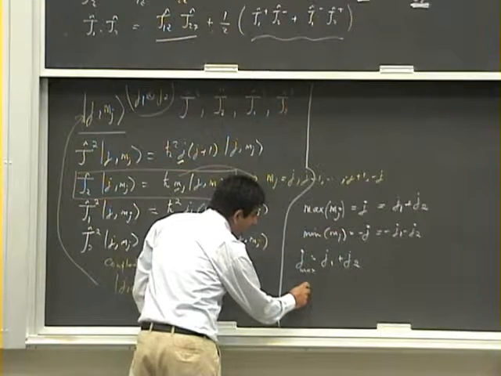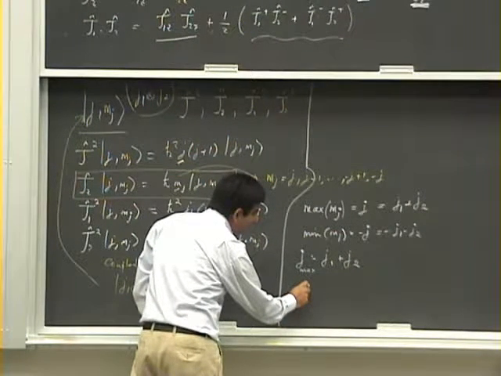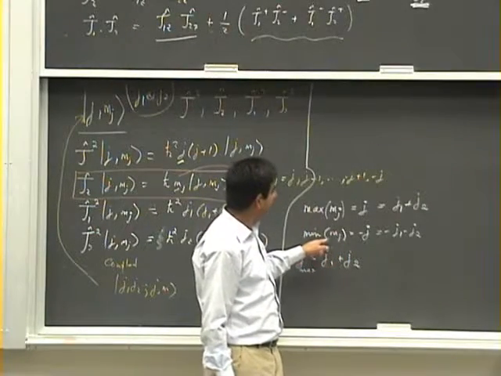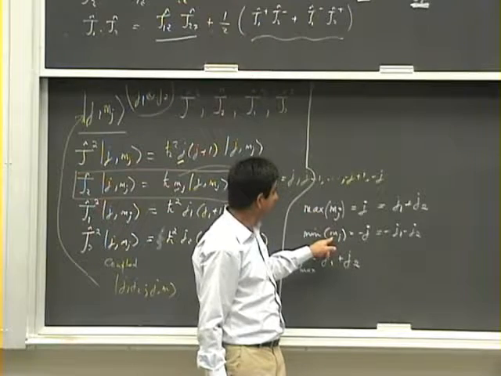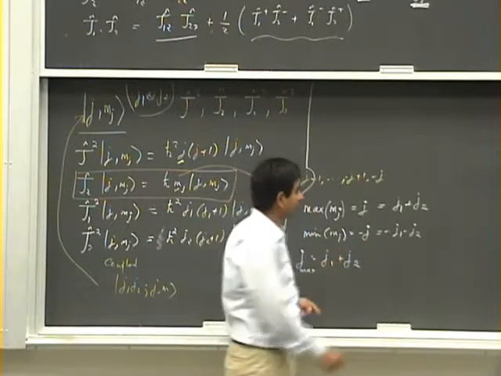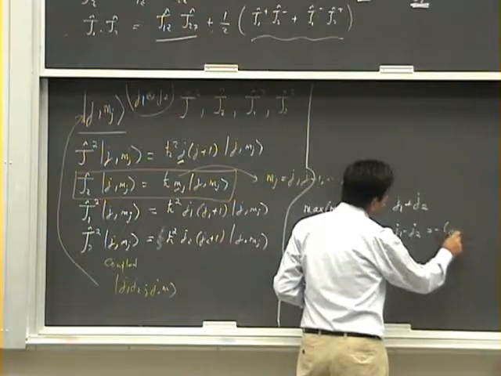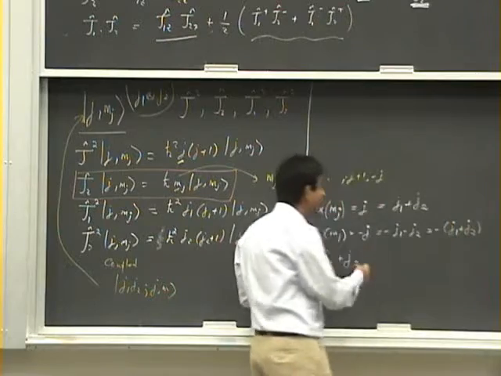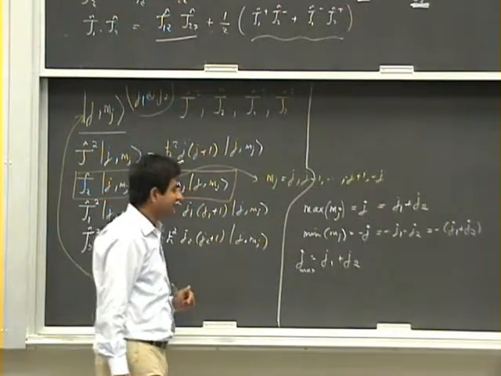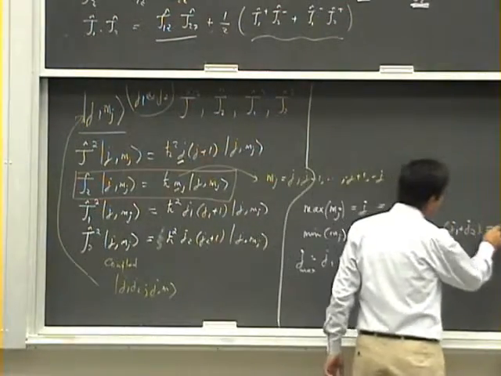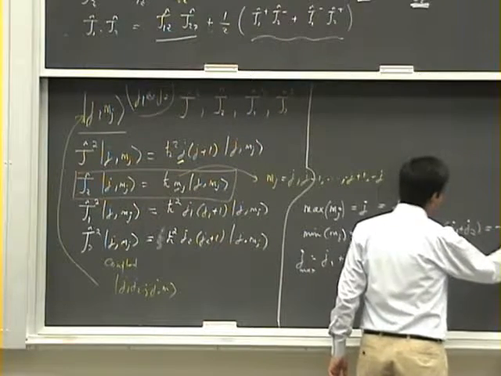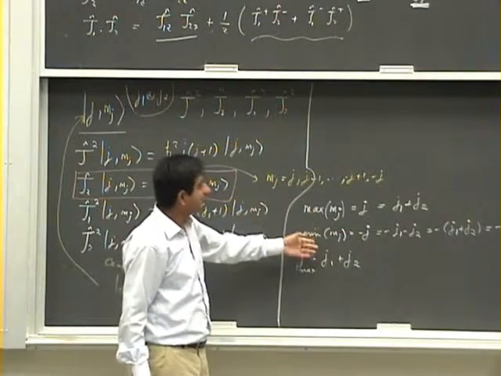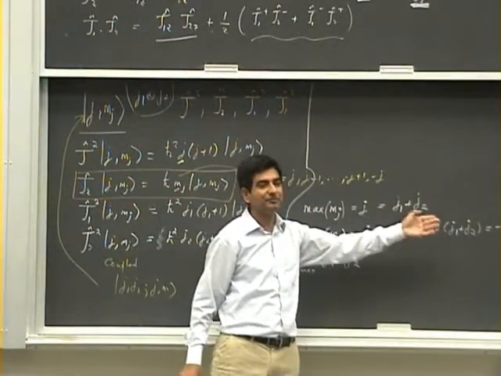Now what's the minimum value of j? The minimum value of mj is minus j1 minus j2, which is simply minus j max. Which is true: mj varies from j max to minus j max.